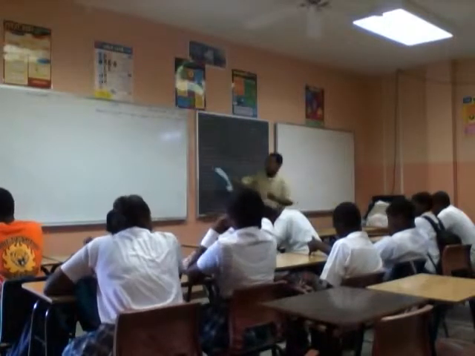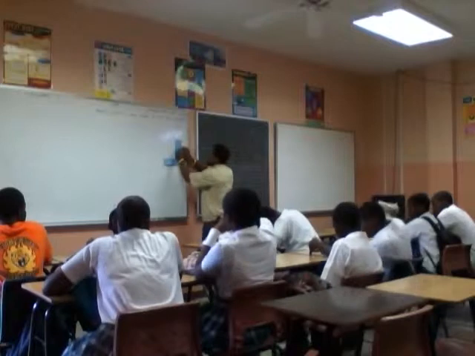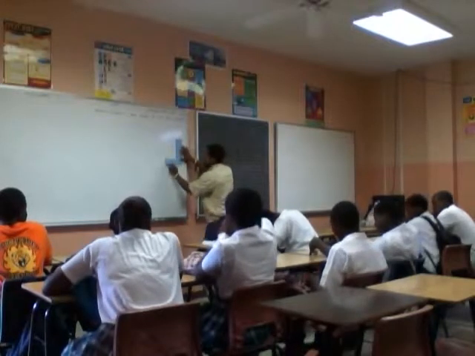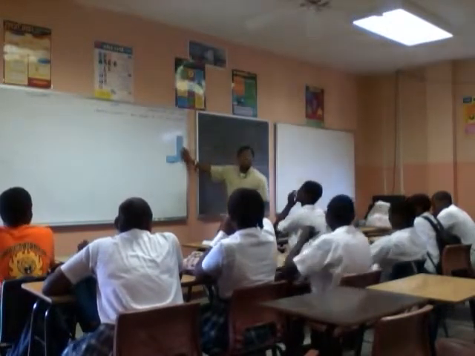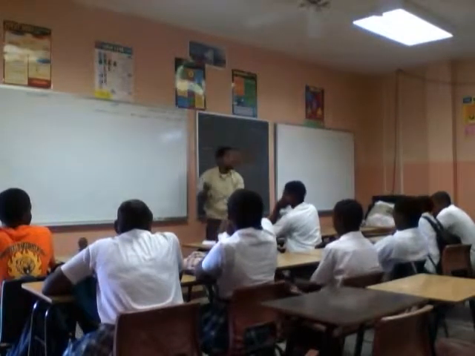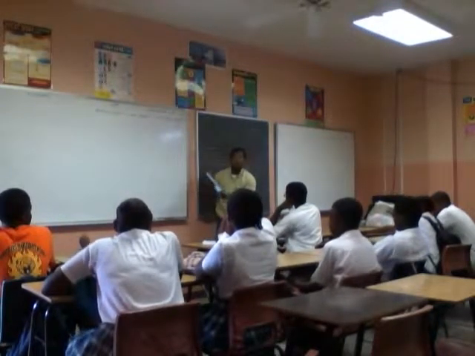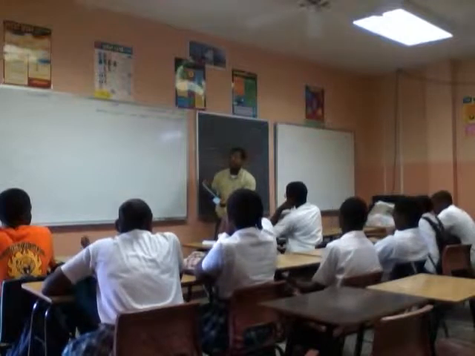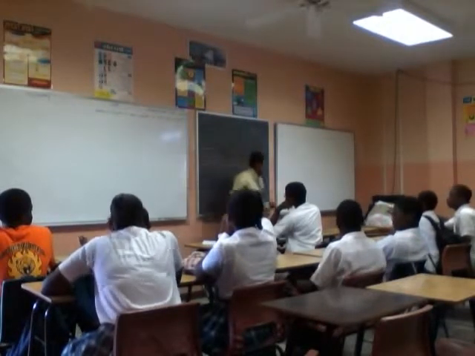We could just say this is rectangle 1, this is rectangle 2. And what do we need to know to find the area of a rectangle? We need to know the length and the width. And then what do you think we do after that?